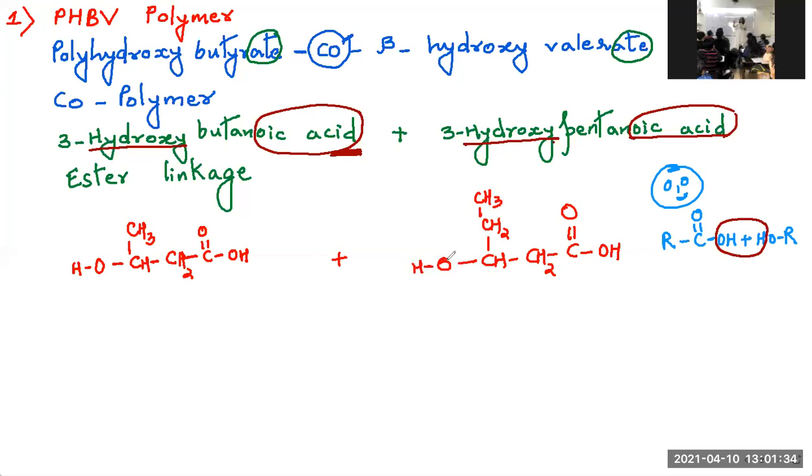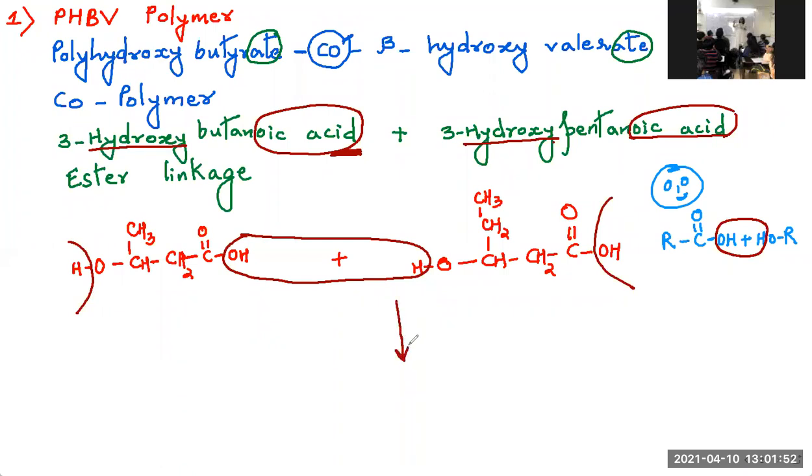Keep OH free in your bonding region. Do you understand? So this OH and this H goes, and this OH and this H goes. Do you understand what I did? Yes, ma'am.